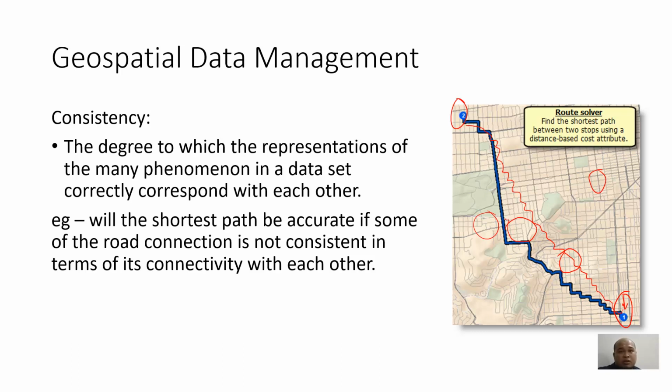This might be correct if all the lines are well connected, but this also might not be true and incorrect if some of the lines are actually not connected with one another. So the consistency means the connectivity of these lines, as in this case, right, of these lines.